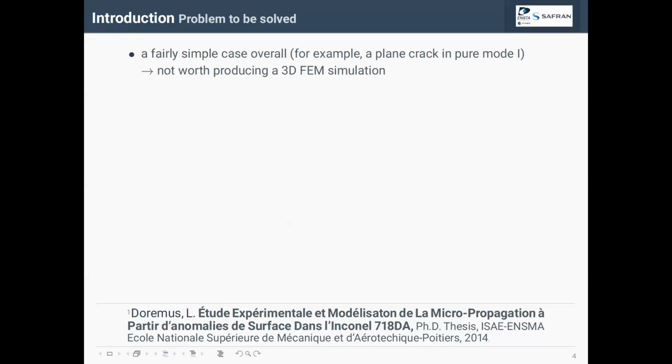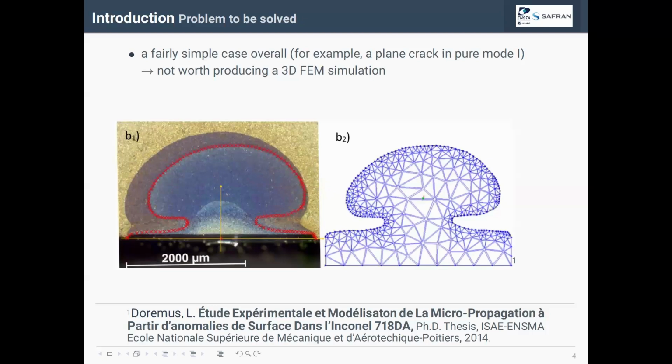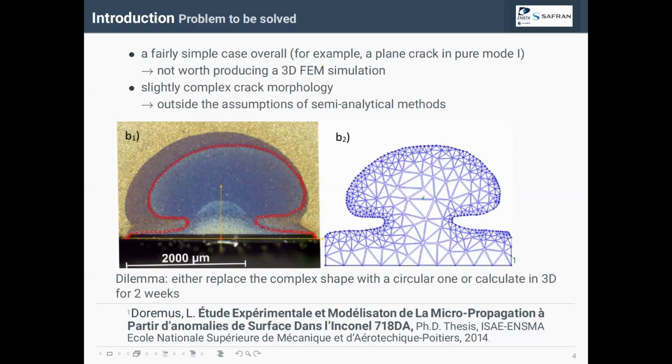Say, for example, you have some case which looks simple. You already don't want to use 3D finite element methods for that because it looks simple. Say you have a planar crack, you have only mode 1, it's fairly simple, so you have something like that. But at the same time, you see that the shape of the crack is not that simple, so it's not going to be possible to handle with semi-analytical methods.